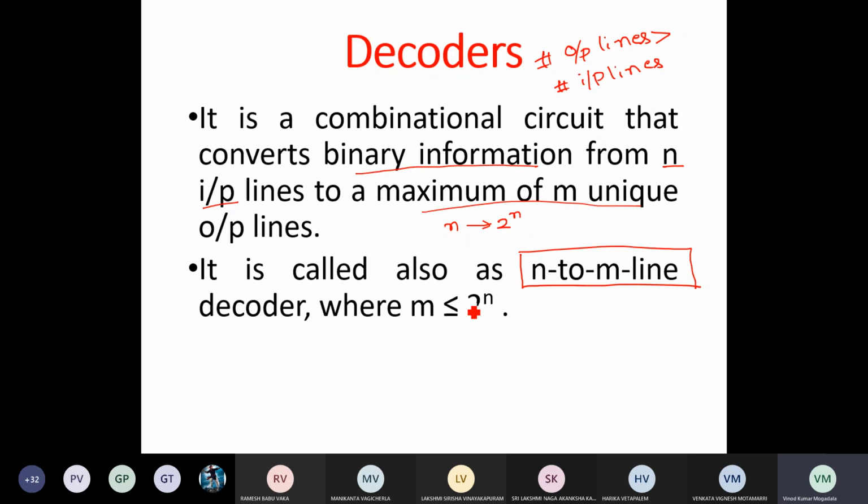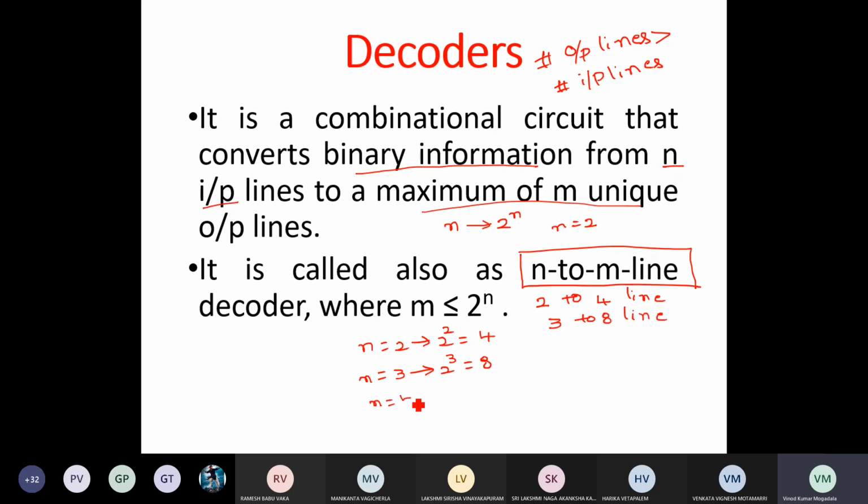So how will we mention the decoder? If you take n equal to 2, then 2 power 2 is 4. So we may have a 2 to 4 line decoder. If n is equal to 3, 2 power 3 means 8, so we'll have a 3 to 8 line decoder.